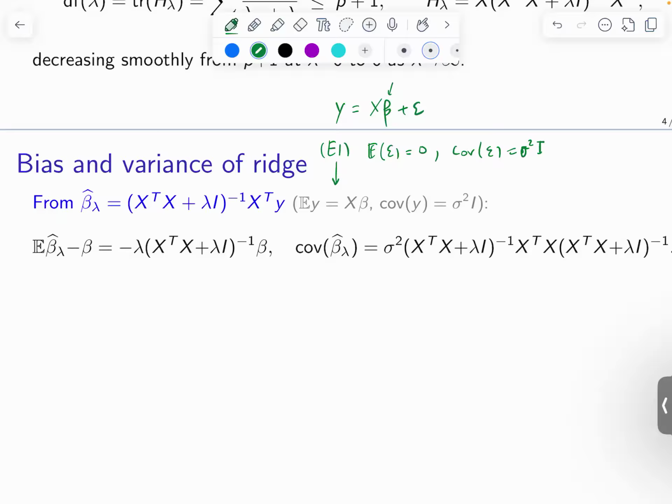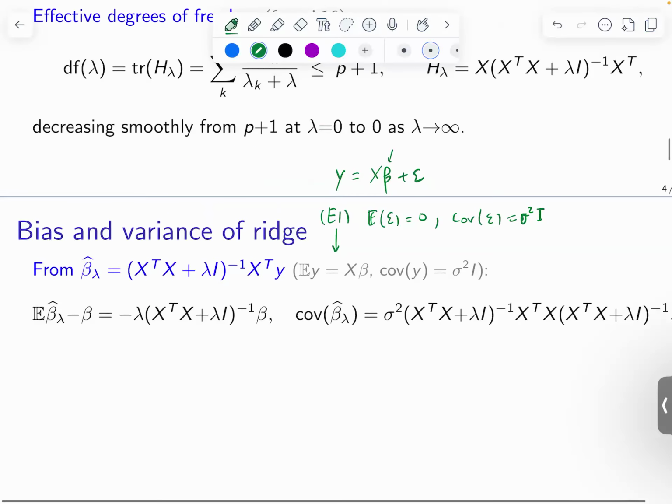Anyone remember what the bias of an estimator is? I'm talking about a general estimator.